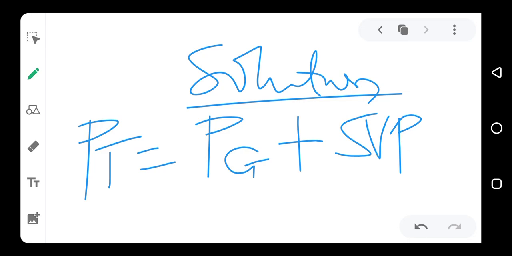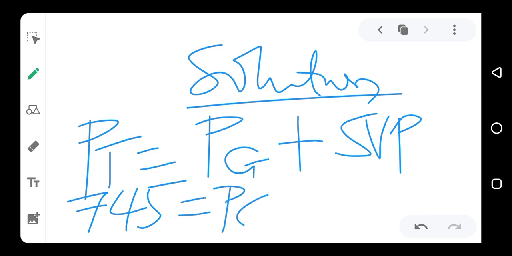Now we know our total pressure as 745 millimeter mercury. This is equal to PG, the one we are looking for, plus 13. 13 is the saturated vapor pressure of water.